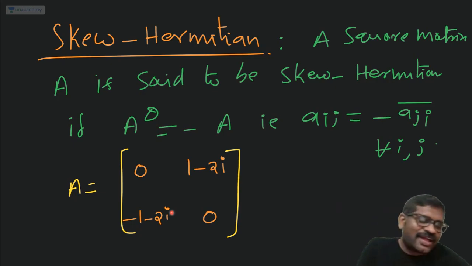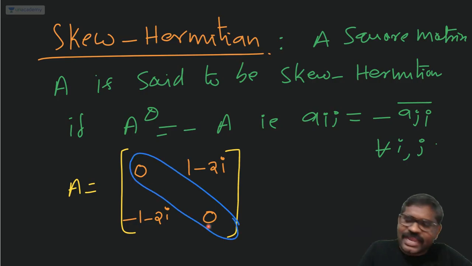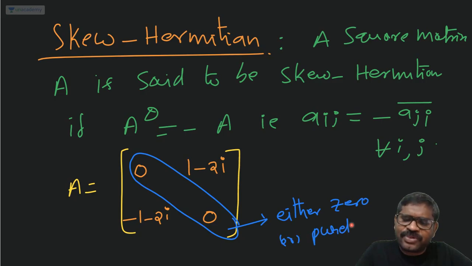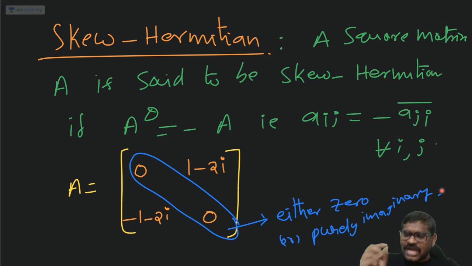In the case of skew Hermitian, leading diagonal elements are either 0 or purely imaginary. Purely imaginary means i, 2i, 3i, minus i, minus 2i. No real part. The real part must be 0. Like that you can take.